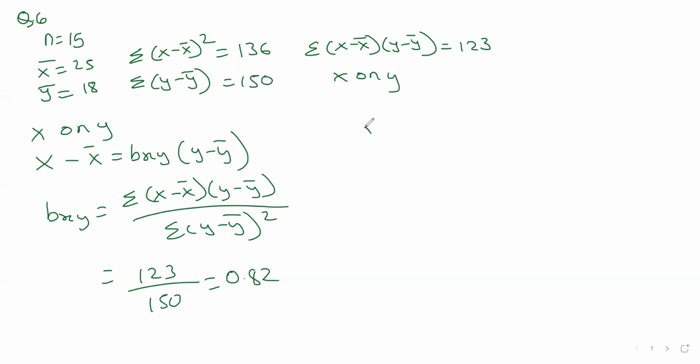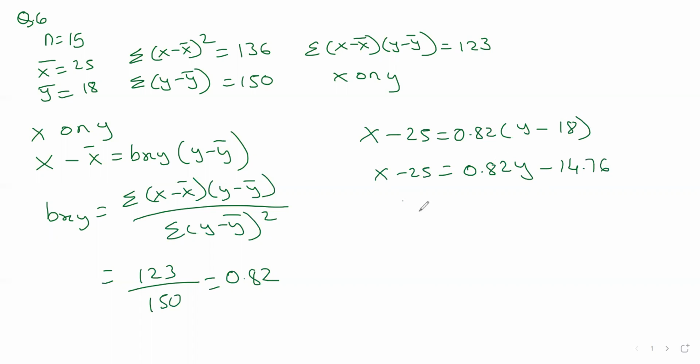So this will be x minus 25 is equal to 0.82 into y minus 18. X minus 25 equals 0.82 y minus 14.76.